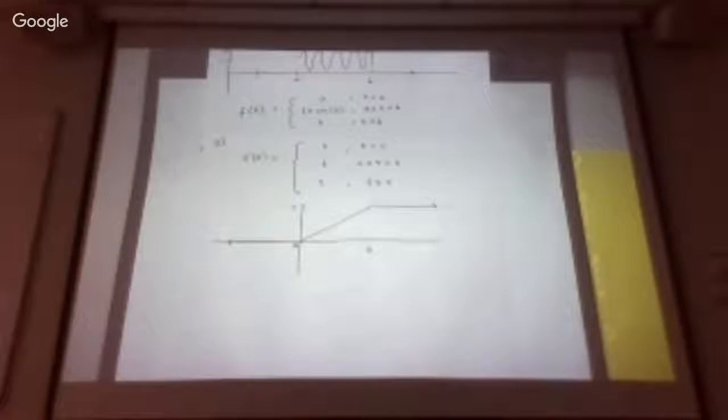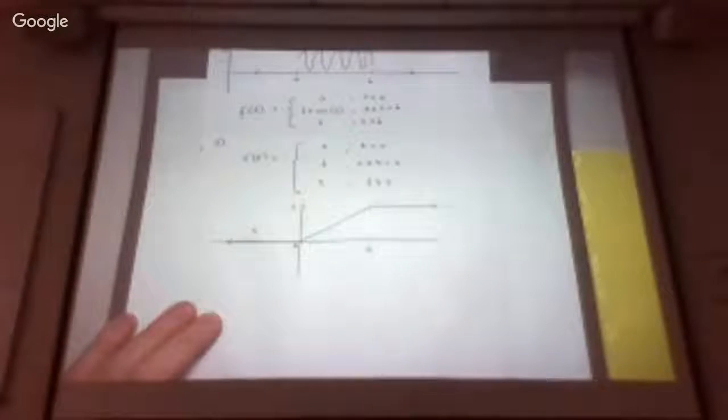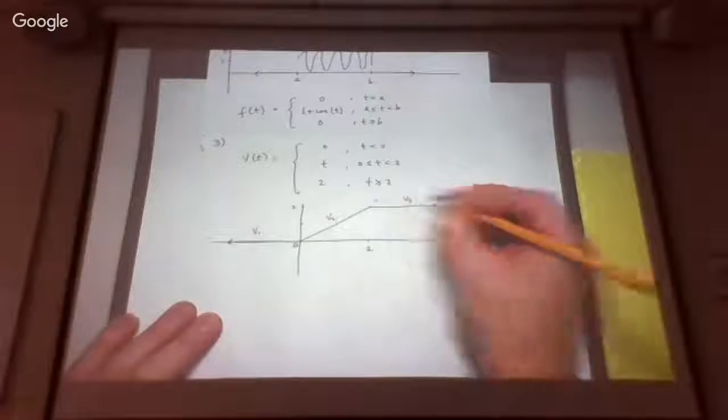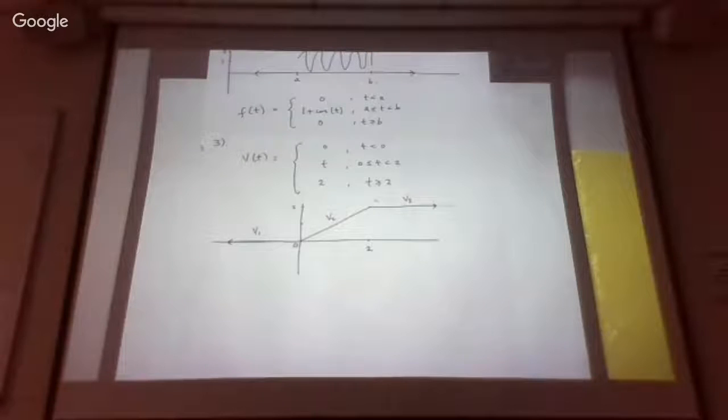Well, let's think of this graph as being made up of these 3 pieces.